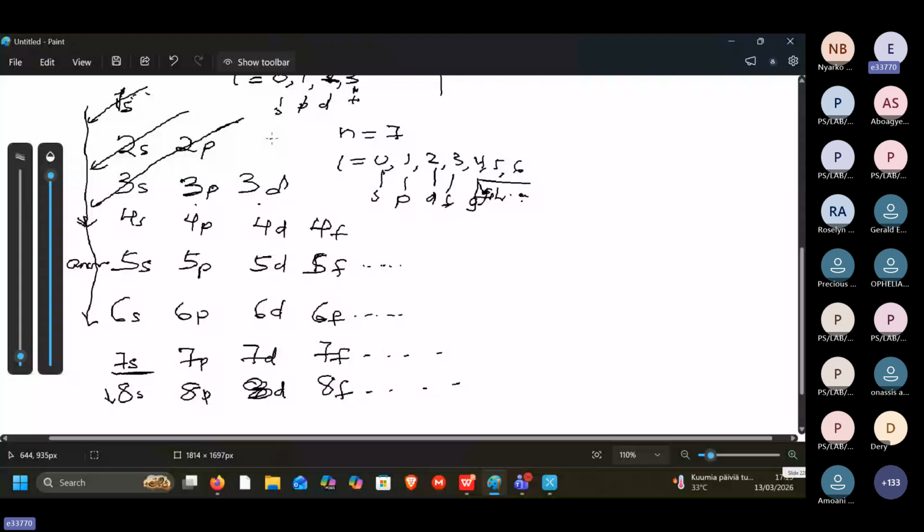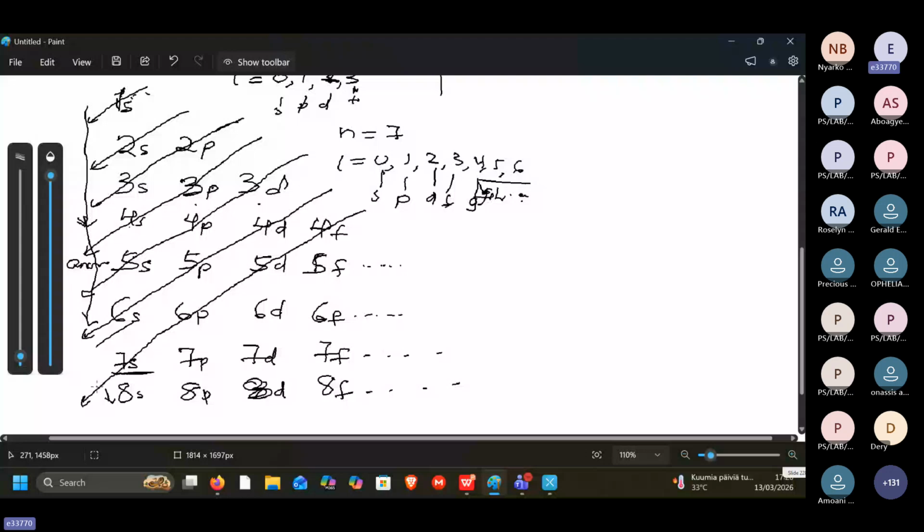After 5s, we'll come to 4d, 5p, and then 6s. Is it making sense? After the 6s, come to 4f, then 6p, then 7s. After 7s, come to 5f, 6d, 7p, and then 8s.